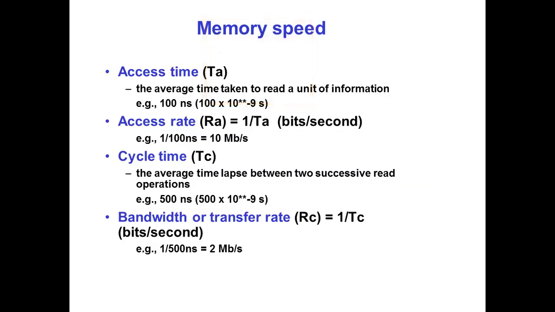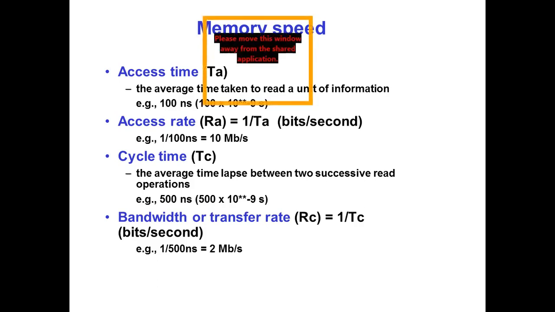Now how will we calculate the access time? It is represented by TA. Whenever we calculate the memory speed, we always concentrate on the time, and we represent it by TA, the access time. What is this? The average time taken to read a unit of information.